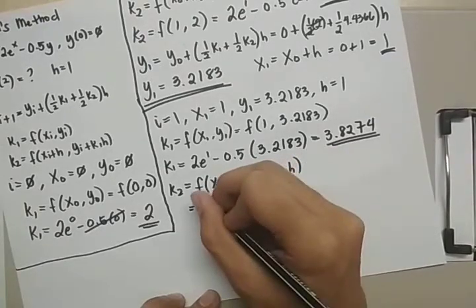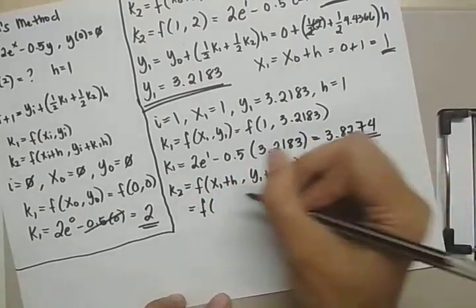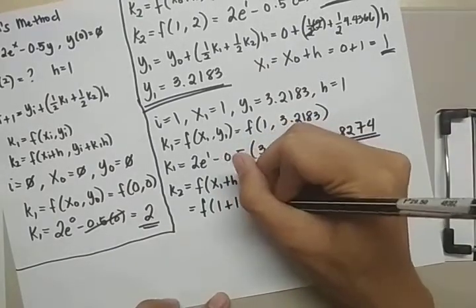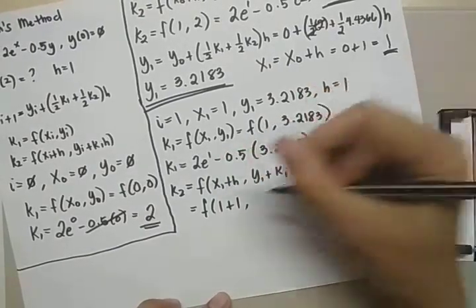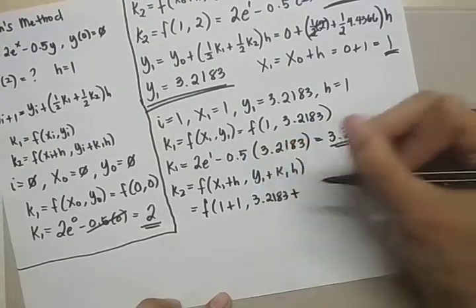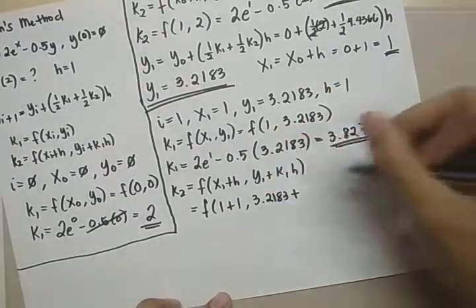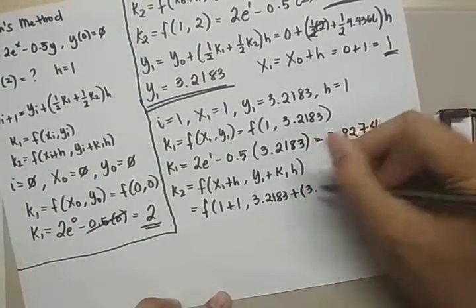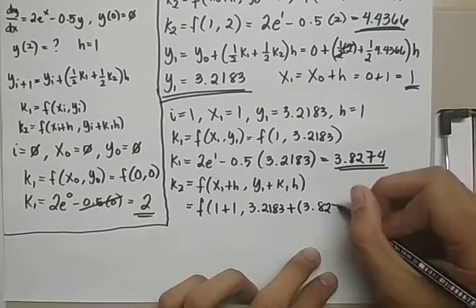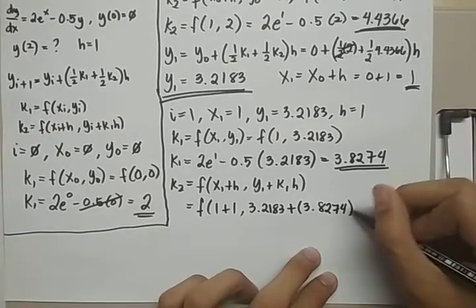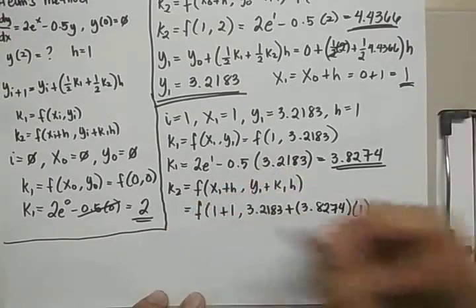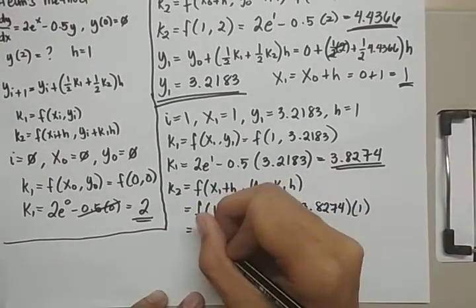We have x sub 1, which is 1, plus our step size 1, and y sub 1, which is 3.2183, plus k sub 1, which is 3.8274, multiplied by step size 1.